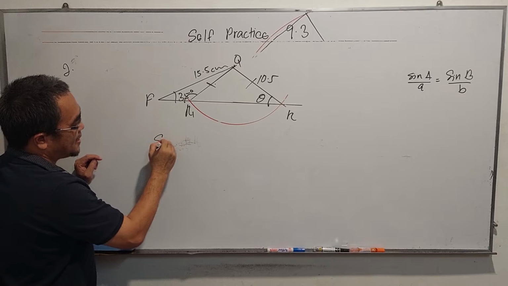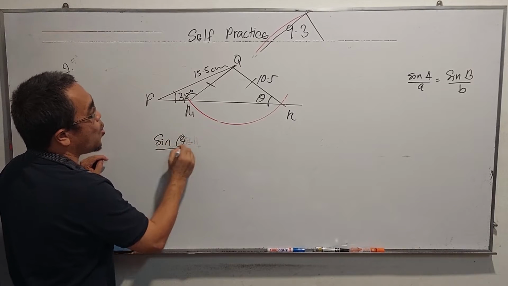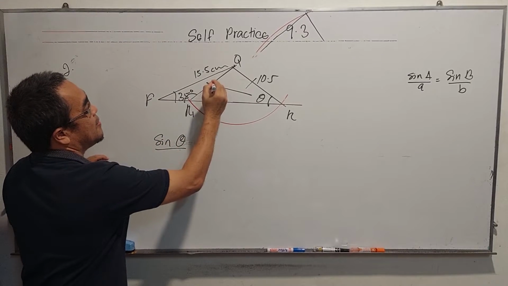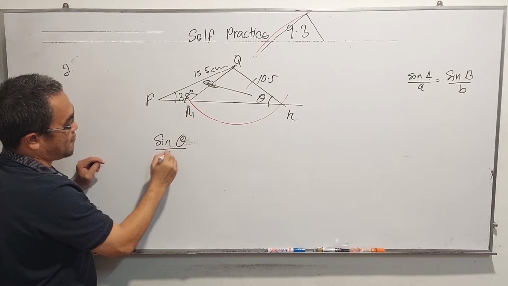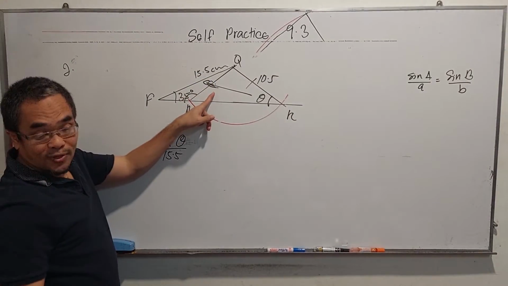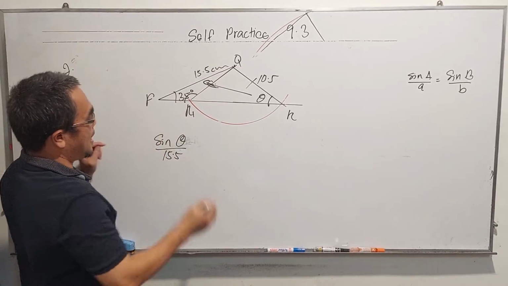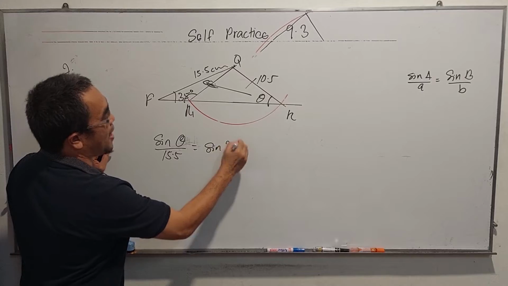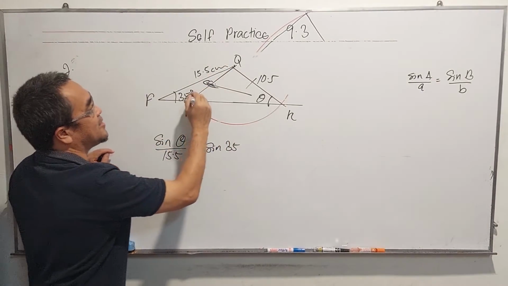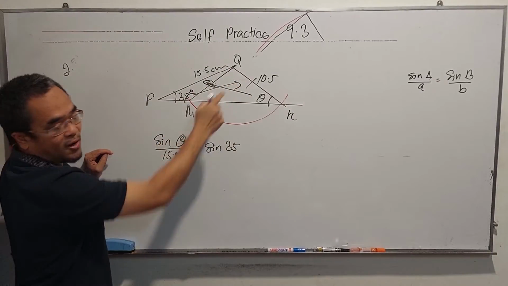So we say sin theta over this side, over 15.5, not over 10.5, equals sin 35. So as if this line doesn't exist, 35 is in front of 10.5.